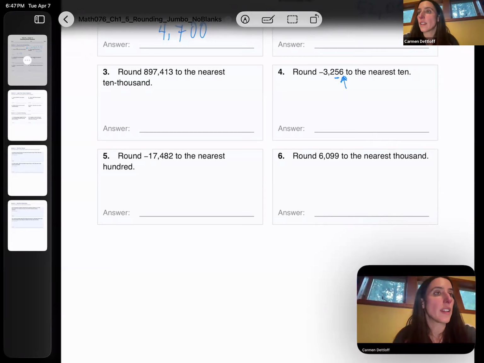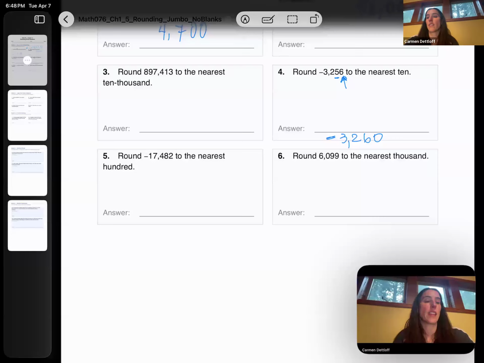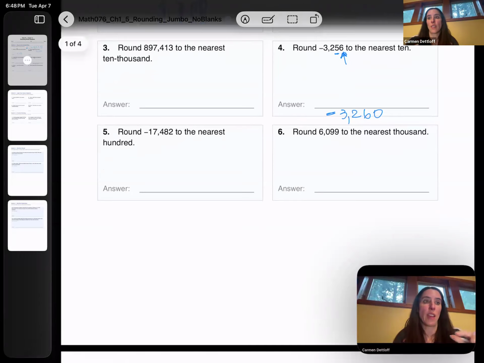So my 5 is going to get rounded up. So I get negative 32. And then that 5 is going to get rounded up to 60. Negative 3,260. Awesome.